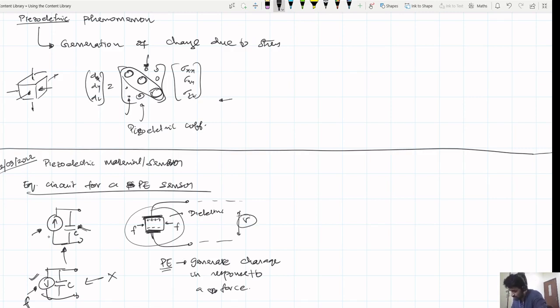Since we don't have a charge generator, we use a current source, and the amplitude of the current generated by this current source is not proportional to the force, but proportional to the derivative of the force. Now your piezoelectric crystal generates charge.